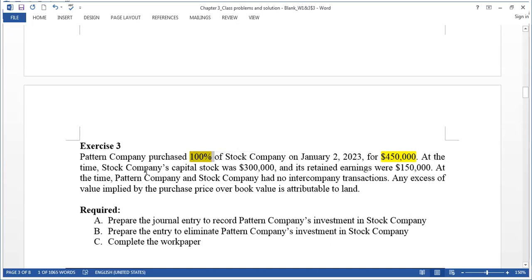Now at the time, the subsidiary company's capital: common stock $300,000. This is the common stock of the subsidiary $300,000, and the retained earnings $150,000. So also look at here, 450, right? So book value and implied value are similar. So maybe this one is an easy question.